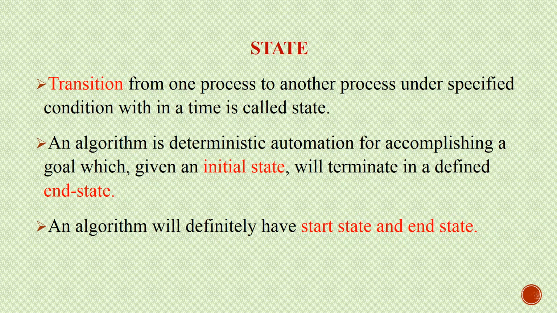We've already seen an algorithm should produce an output and should have an end state. So initially there is an initial state and it processes and finally comes to an end state. So start state and end state are 2 important states that an algorithm goes through.